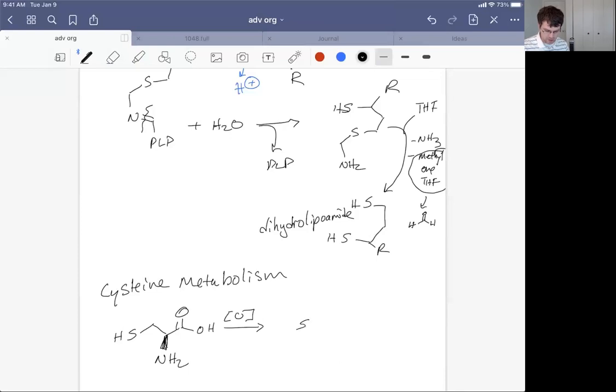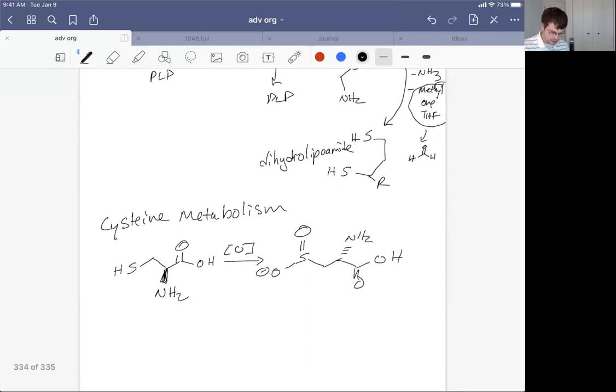Sulfur is just so prone to oxidizing, and here we're going to take it to the sulfinic acid. Don't worry about the sulfinic acid or the sulfonate name. That's me doing my PhD with some sulfur chemistry.